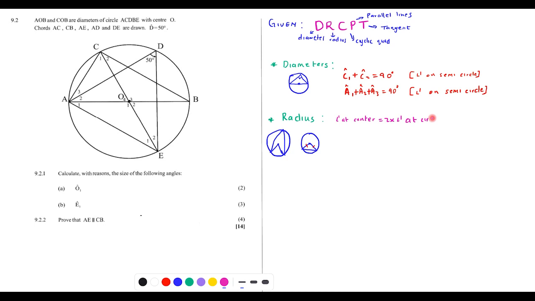The easy way to write it is to first start with the two radii that are given here, angle at center. Let me change that color and make it red. So I'm going to start with these two. That is O1, because those are the two angles that are at the center.